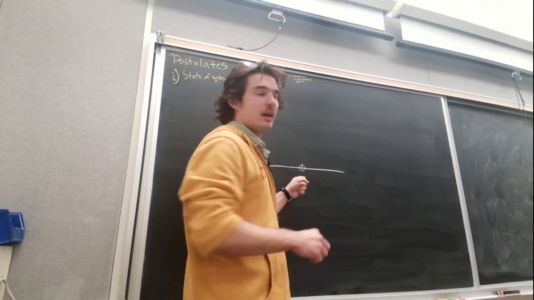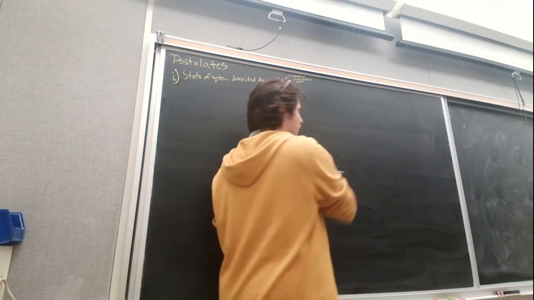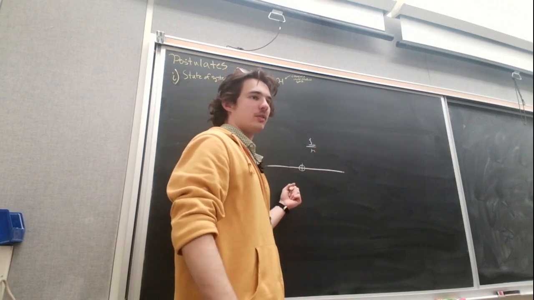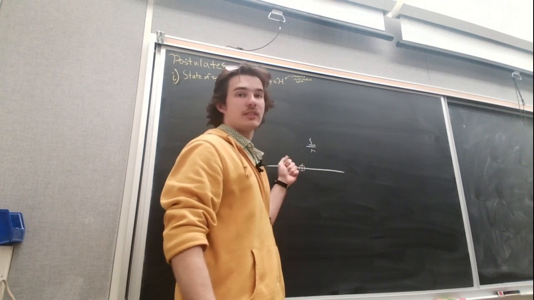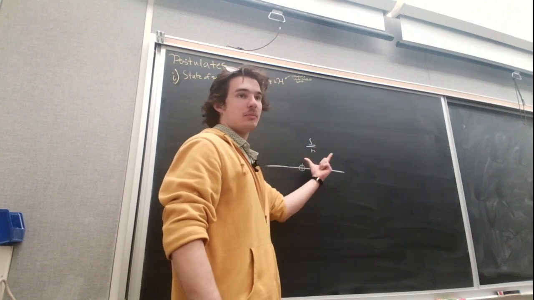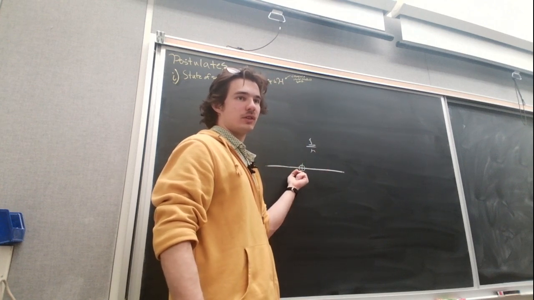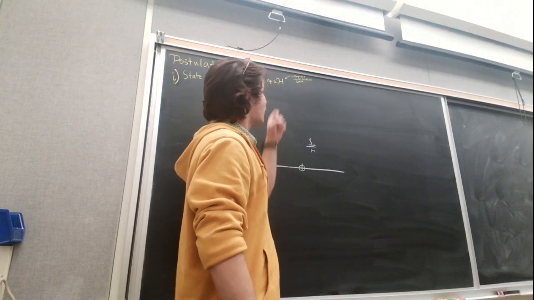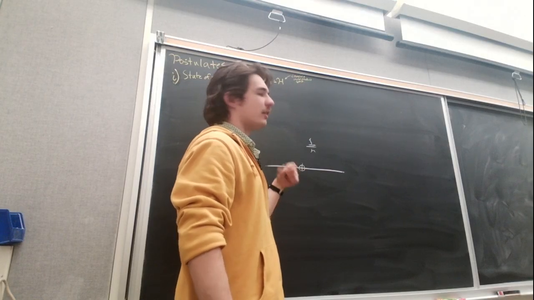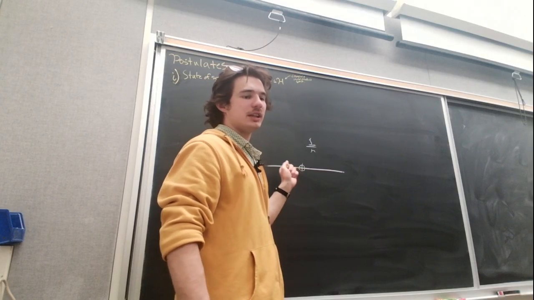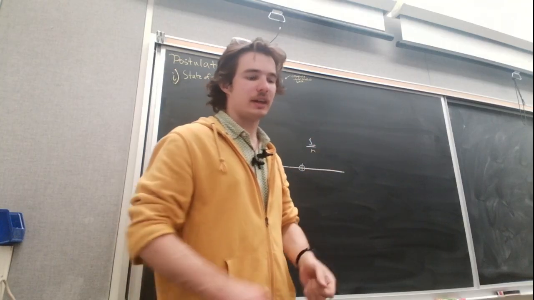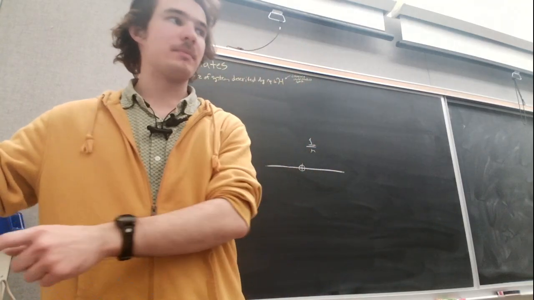Do you agree? Then you can have 1 over n. That's going to be a Cauchy sequence, but it's not going to converge to anything inside of my space. The points are going to get closer, but it doesn't converge to anything. So a complete inner product space is where this doesn't happen, where every Cauchy sequence converges to something in that same space. Okay, that's it.